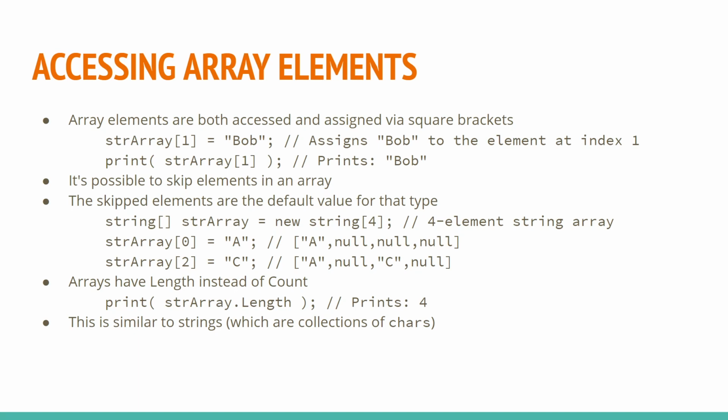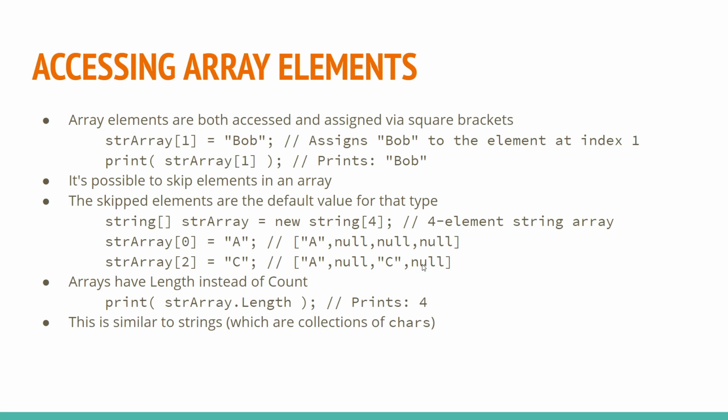It is possible to skip elements in an array, have certain parts that are just null or unassigned. So you might have an array with room for 4 strings, but leave certain ones empty, or leave nulls in between the 2 strings.